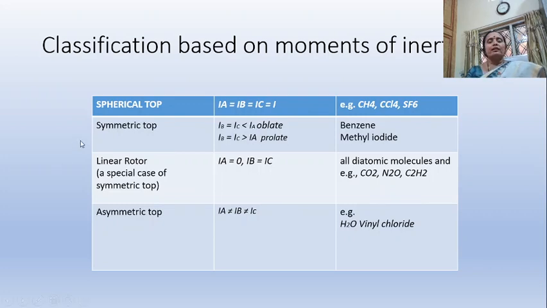If we summarize the classification based on moments of inertia, I have spherical top, symmetric top, linear and asymmetric. In spherical top, IA is equal to IB is equal to IC, that is I, and examples are methane, carbon tetrachloride and sulfur hexafluoride.